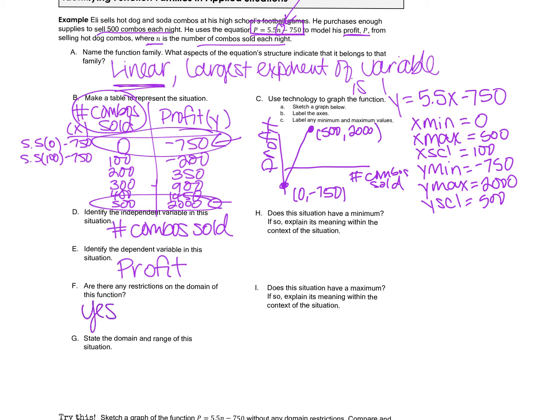Yes. So domain was X. So yes, there are restrictions because you can't sell negative combos. So the number of combos sold must be positive. And then the max number sold has to be 500 because that's all they have.